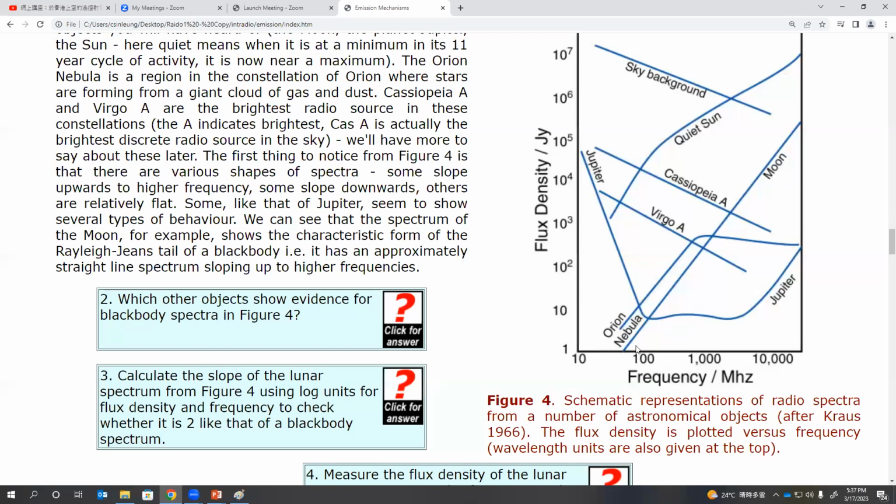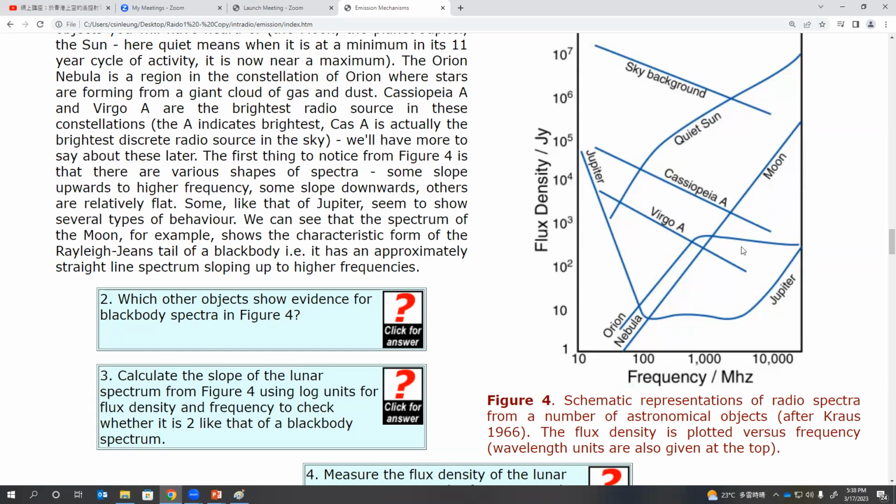Based on what we talked about before, for the thermal radiation, the moon or the Orion Nebula M42, and partly, not all, because at some higher frequencies the result for this Orion Nebula will be flat. So, you mainly concentrate on this positive slope.